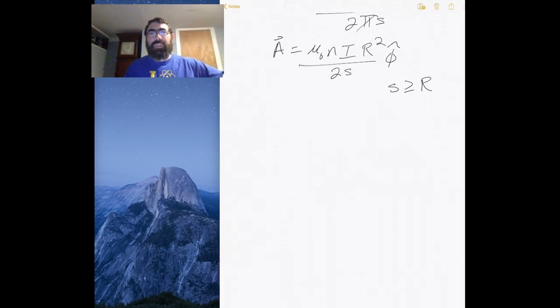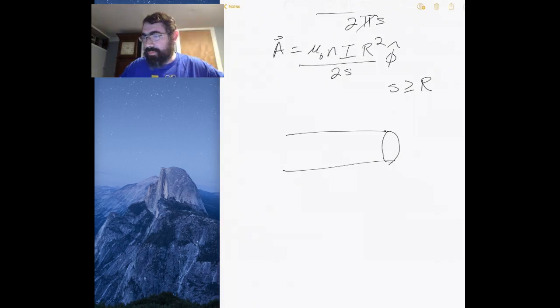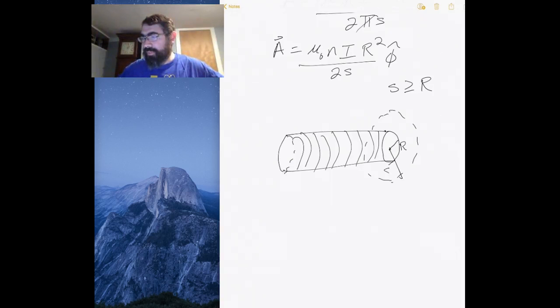So basically I should have drawn the picture first before I did that. But if this is our solenoid, right here. So on the outside case, what we have is a radius, capital R, and we're now drawing a loop with a radius s.